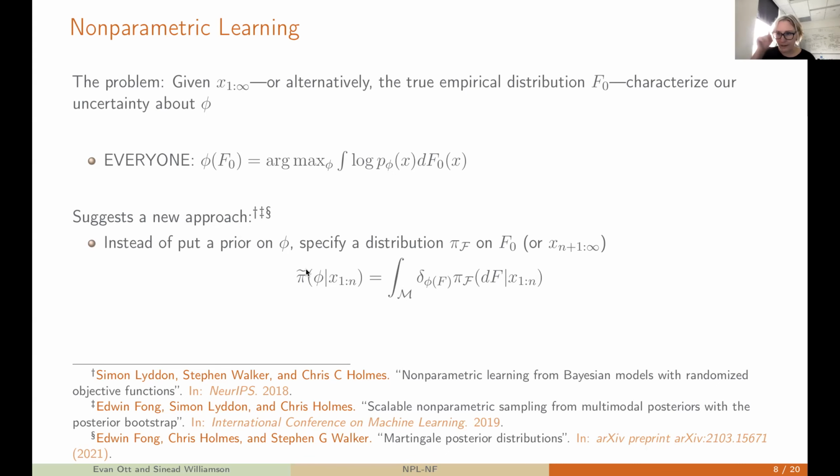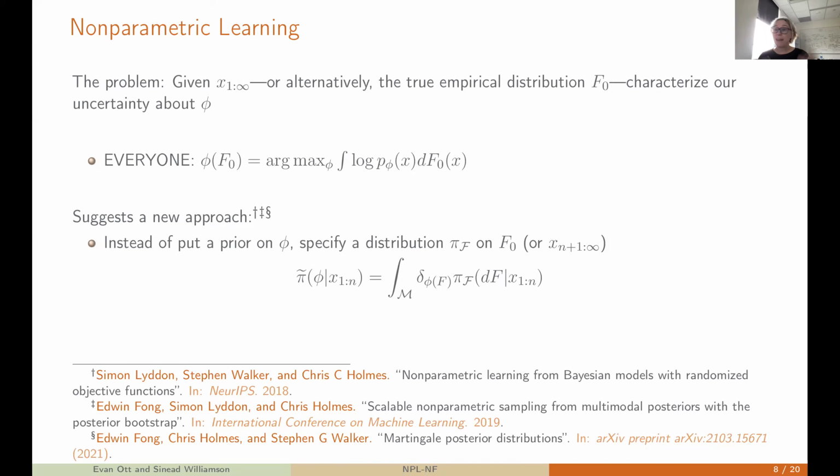I put this wiggly line on top to show that it's not the same posterior as we're used to, where we're going to take our object of interest, that if we had full data, we would know exactly. And we're going to take the expectation of that with respect to our distribution over what that underlying data generating mechanism actually is.